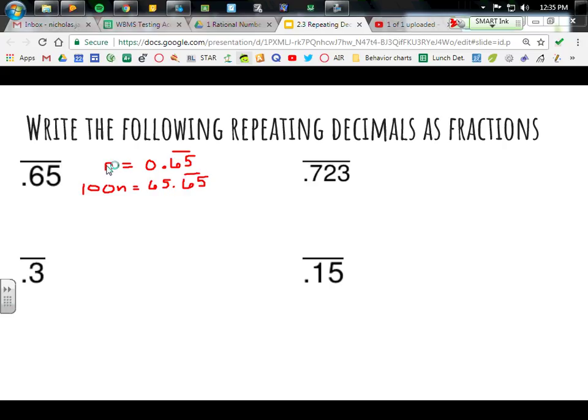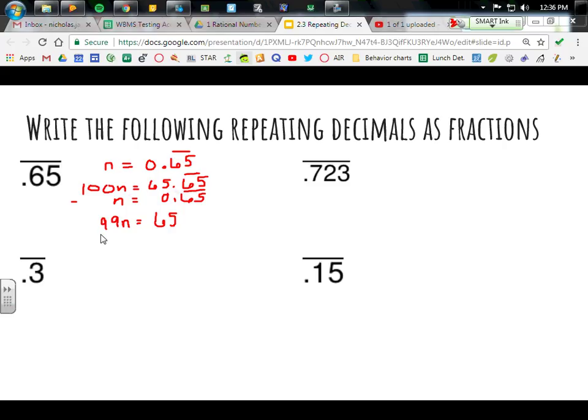Next, I'm going to subtract my original equation from my new equation. So I'm going to subtract 1n equals 0.65 repeating, and I will get 99n, because 100n minus 1n is 99n. 99n equals 65.